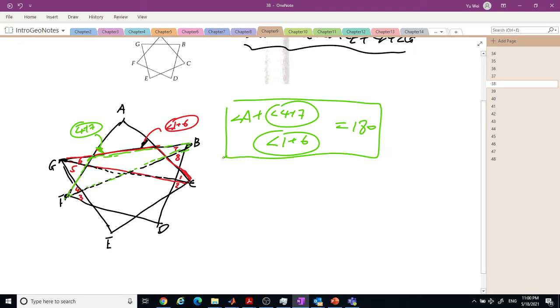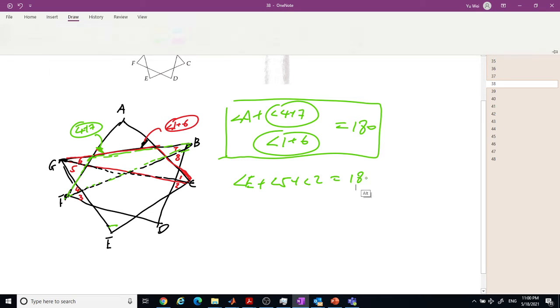This is the first equation. The second one, we have the angle E. We have the angle E plus the angle 5 plus the angle 2 is 180.